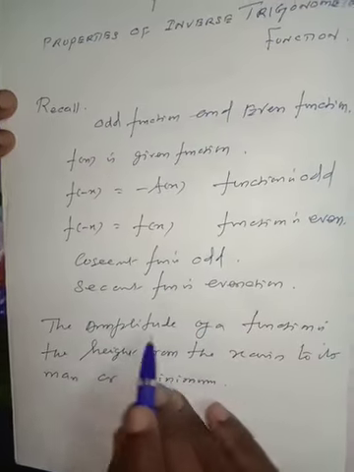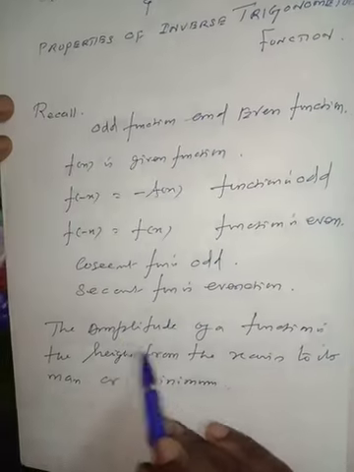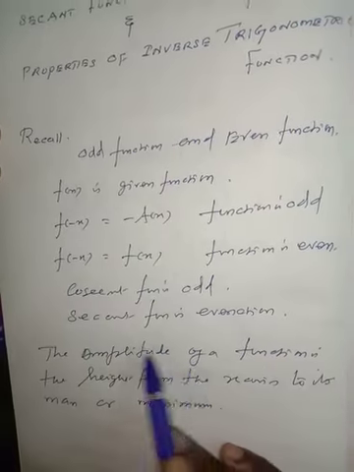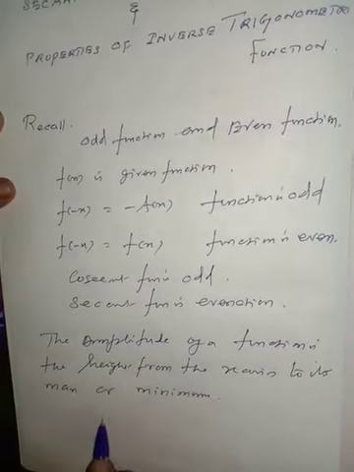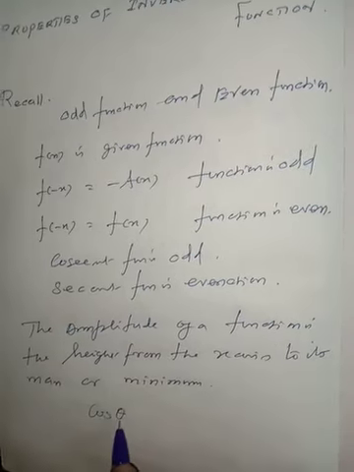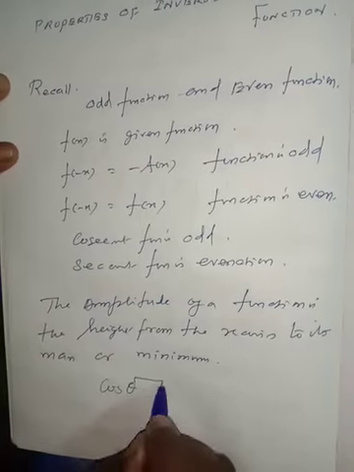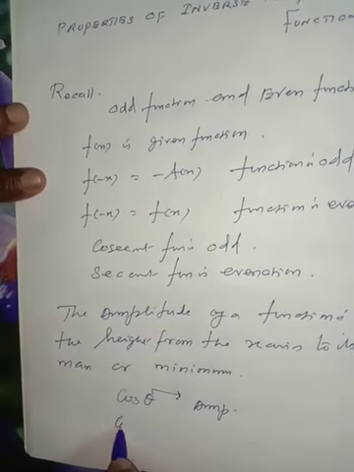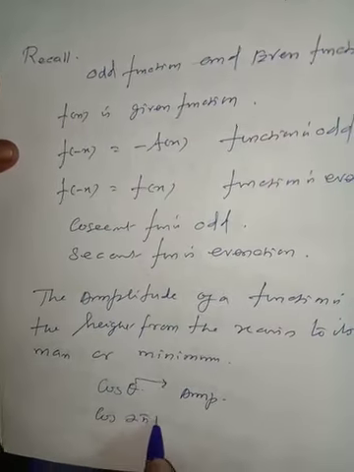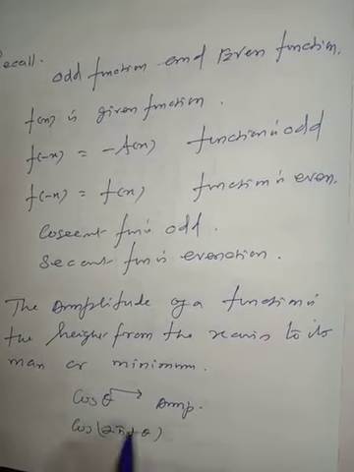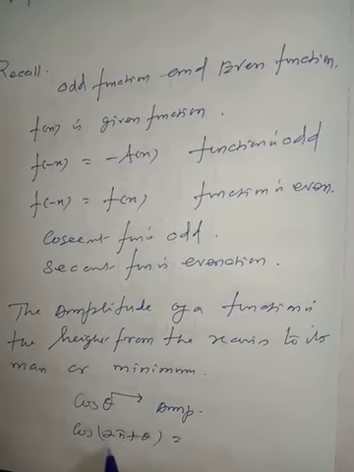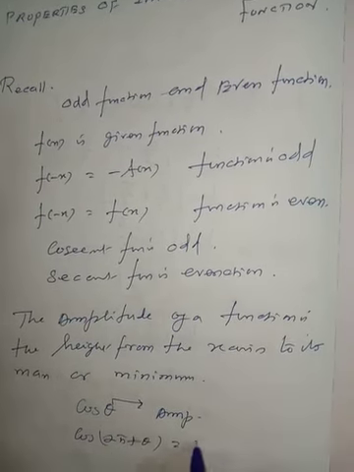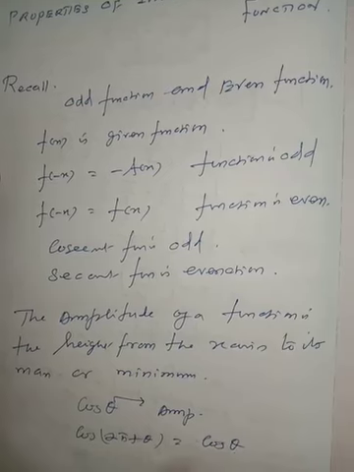Now, the amplitude means if cos theta is given, then theta is the amplitude. If cos of 2 pi plus theta is given, 2 pi is 1 complete round, 2 pi means 360 degrees. Omit 360 degrees, then cos theta. Again theta is the amplitude.